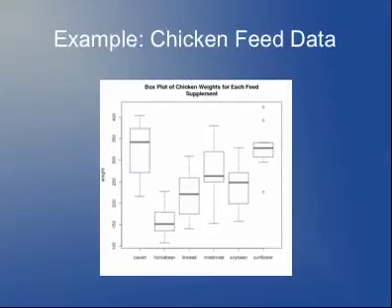Now, that's why you see these dots, as I said before: if an observation is more than 1.5 interquartile ranges either above the 75th percentile or below the 25th percentile, it shows up on the graph as a dot.